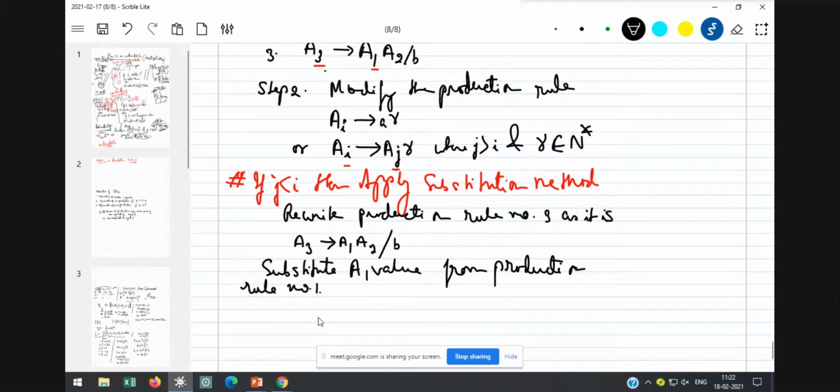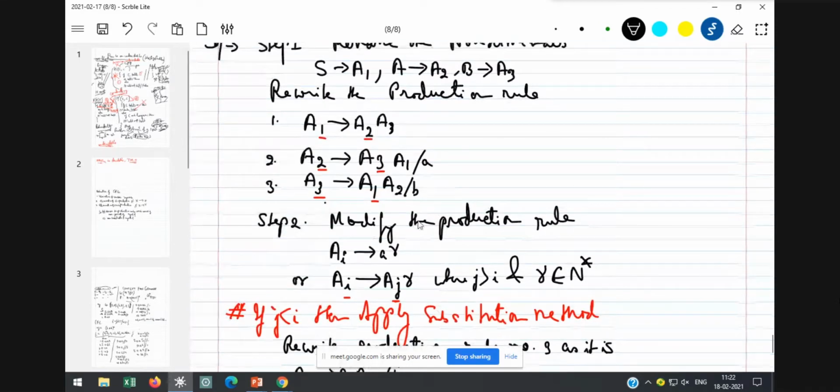Production rule number 1. Now let me write A3, then A2, then B. Okay. Now wherever I find A1, I'm going to replace it by A2, A3.